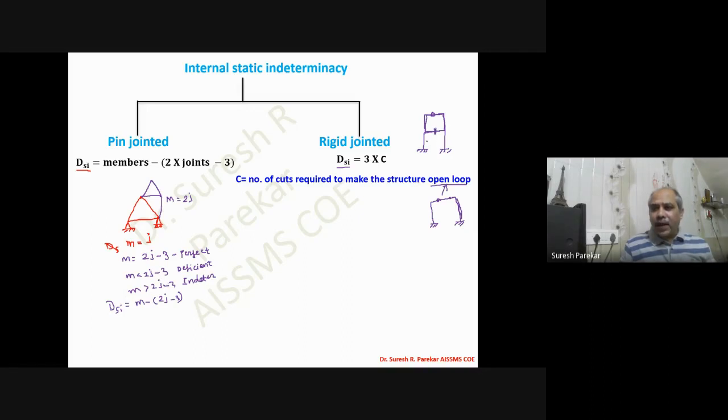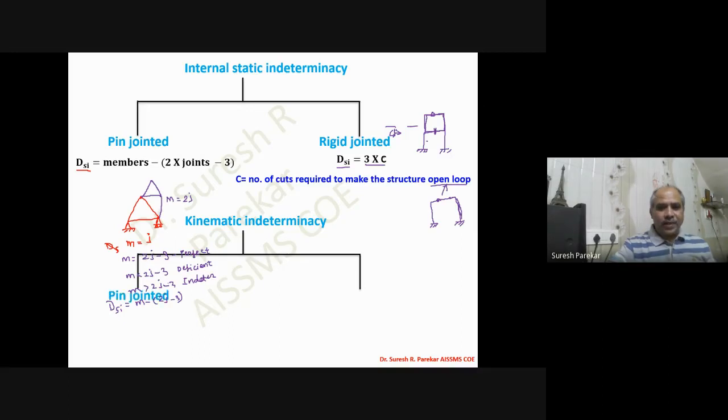And when I provide one cut, we have 3 forces in the members: axial force, shear force, and moment. Therefore we have mentioned 3C. So for each cut, we have 3 unknowns, and by using this we are in a position to find out the DSI value.